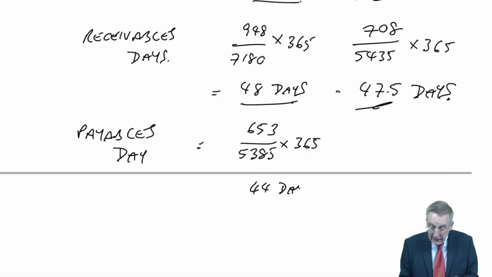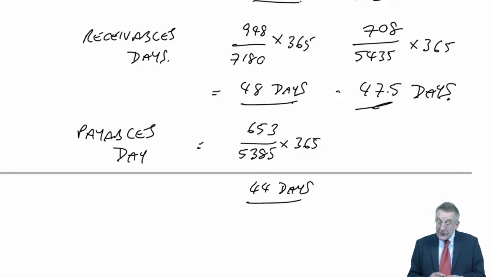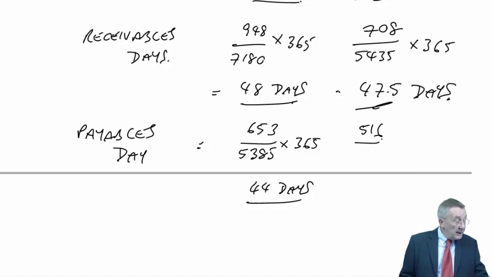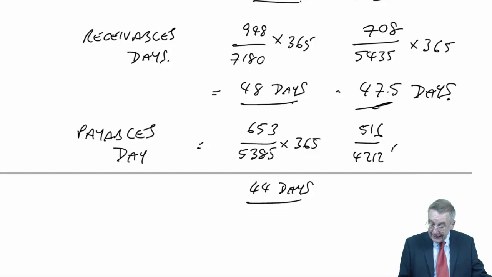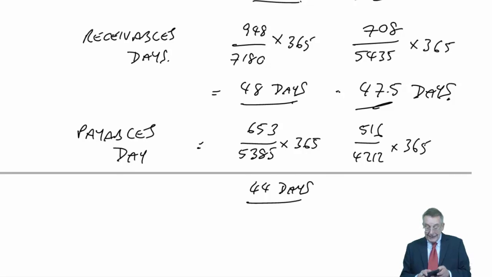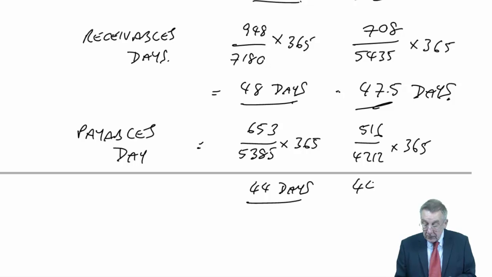44 days, whereas last year, payables 516, cost of sales 4212. 44.7 days, 45 days.